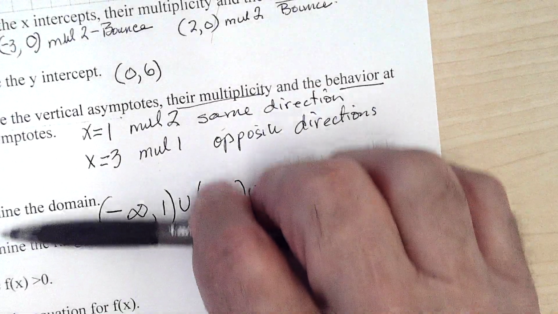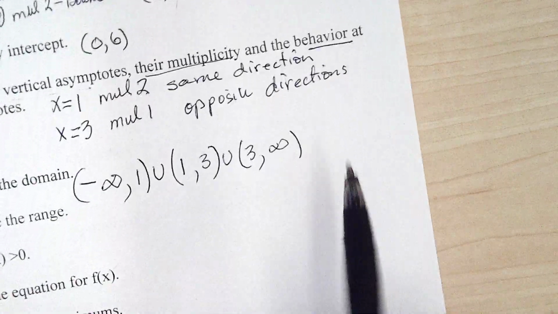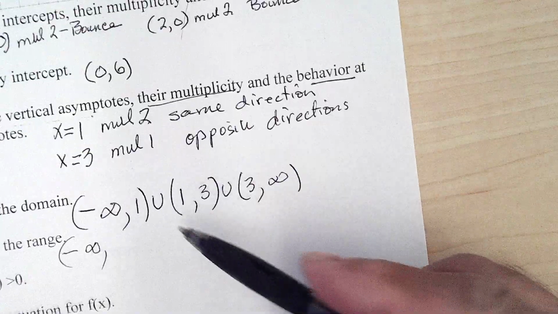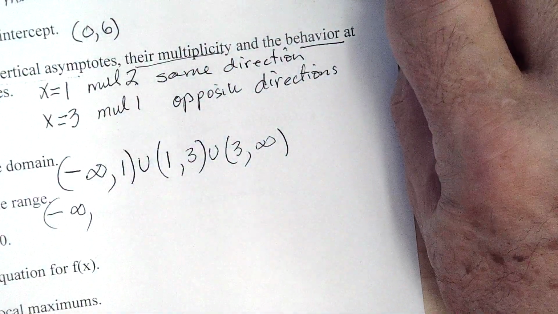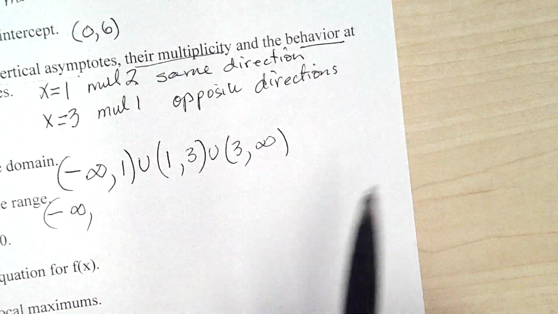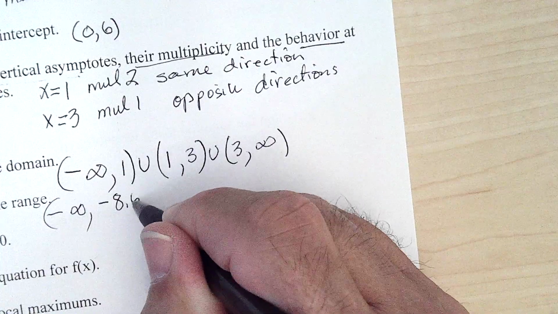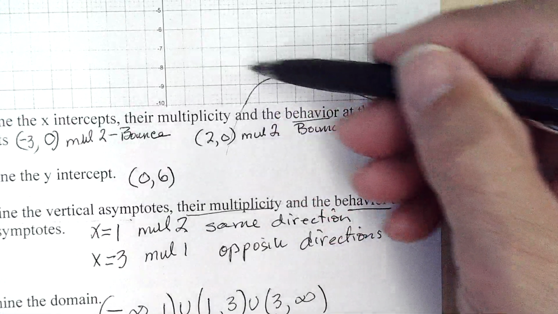Range. Now I'm looking from bottom to top. Looks like this graph comes from -infinity, comes all the way up to negative maybe 8.6. That's approximate.